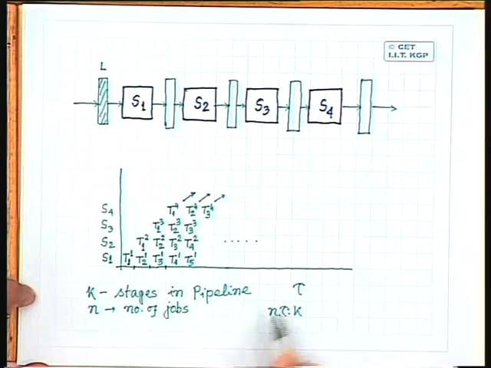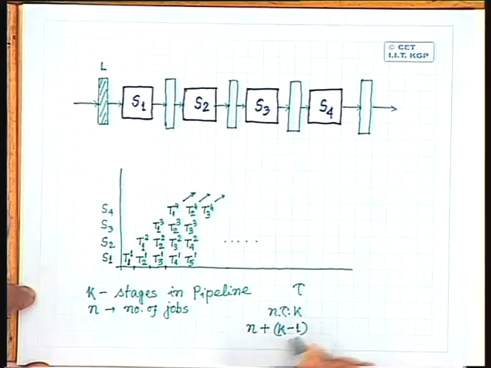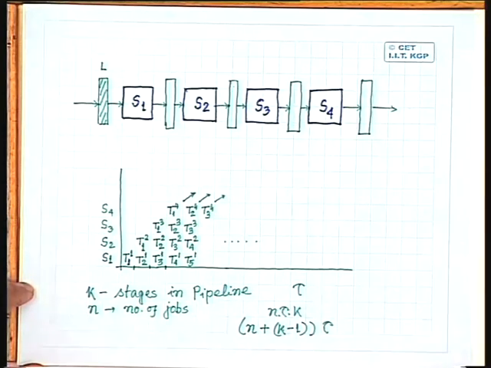This is the time taken for execution of n number of jobs on a non-pipelined architecture. Whereas, if I have a pipelined architecture, then you can easily find out that the time taken will be (n plus k minus 1) times tau. Okay. So this gives tremendous gain if we go for a pipeline architecture instead of a non-pipelined architecture.